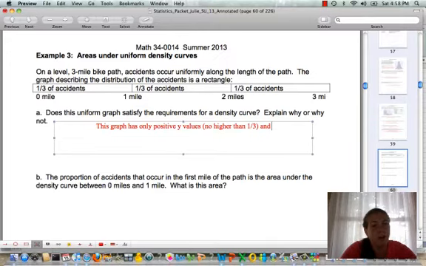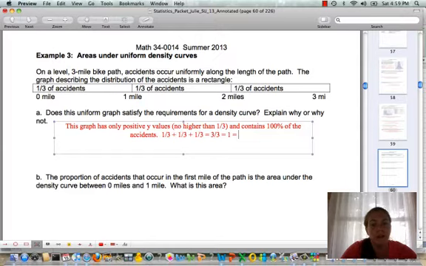So this graph, we've got 1/3 plus 1/3 plus 1/3. Well, 3/3 is 100% of the accidents. So we can say this graph has only positive y values, no higher than 1/3, and contains 100% of the accidents. And then we can calculate, well, 1/3 plus 1/3 plus another 1/3 equals 3/3, which is 1 whole, which is 100%.